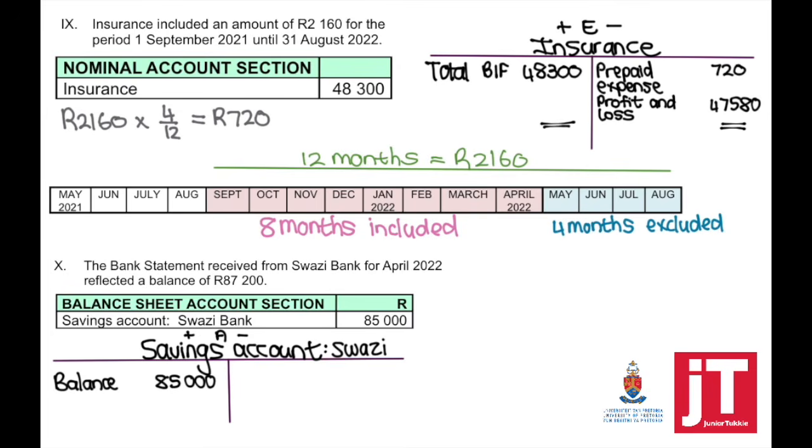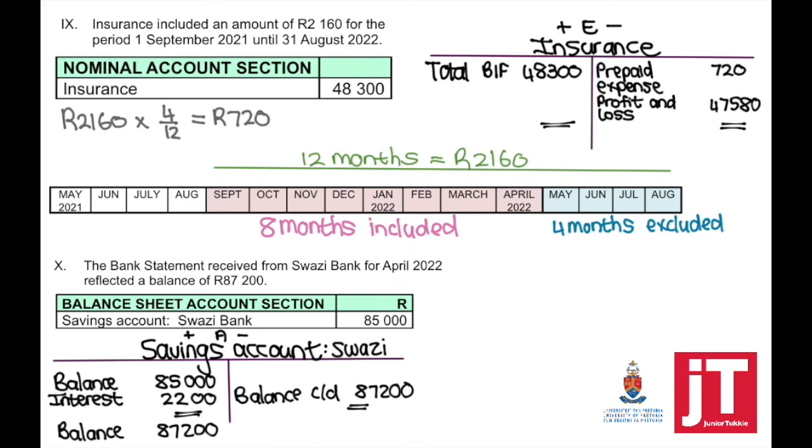Our last adjustment, the bank statement received from Swazi Bank for April 2022 reflected a balance of 87,200. Now, if we compare that balance of 87,200 to the savings account in the balance sheet account section, 85,000, we can see that the balance now on the statement received is more.